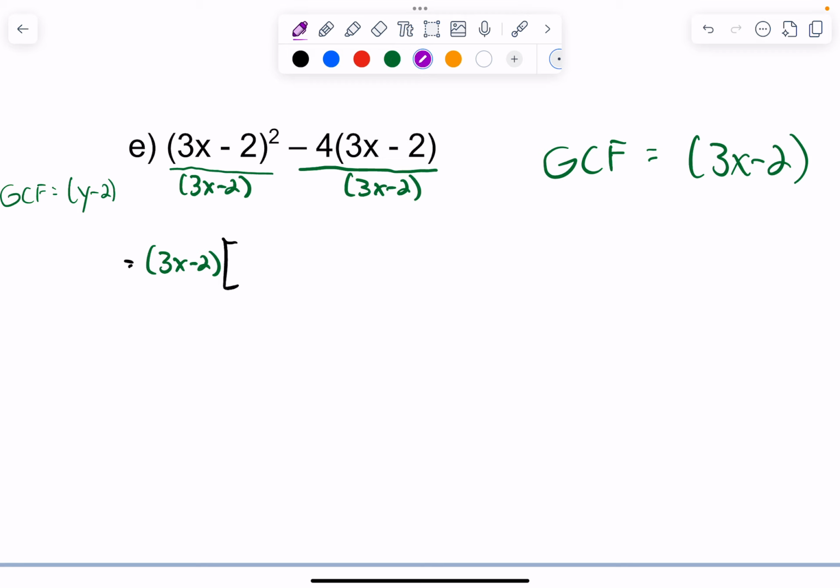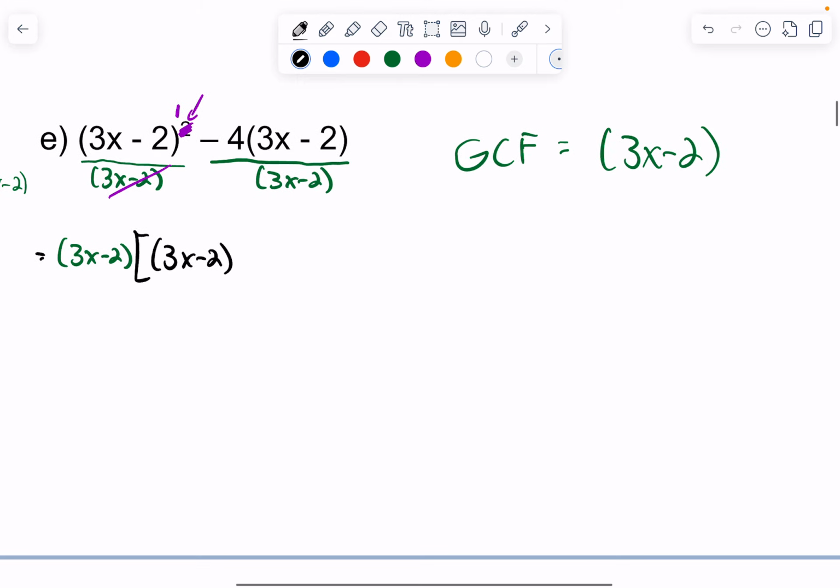Well, if I look at the first one, I see that I have 2 of these 3x minus 2's. So I will cancel and get rid of one, and they'll be left with just 1 times 3x minus 2.